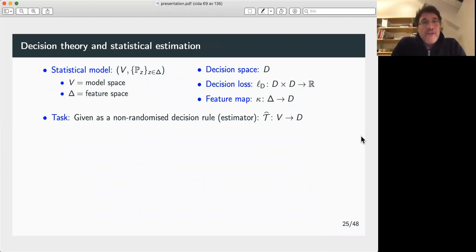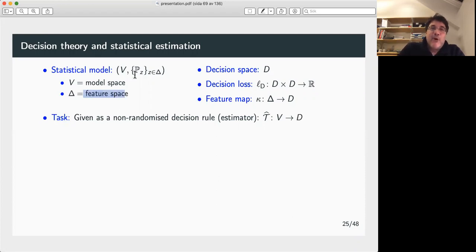So returning back to statistical decision theory, in a very abstract setting, decision theory is dealing with some abstract task, which is represented as a mapping from some model space V into some decision space D. Then there is a feature space, I call it feature space.